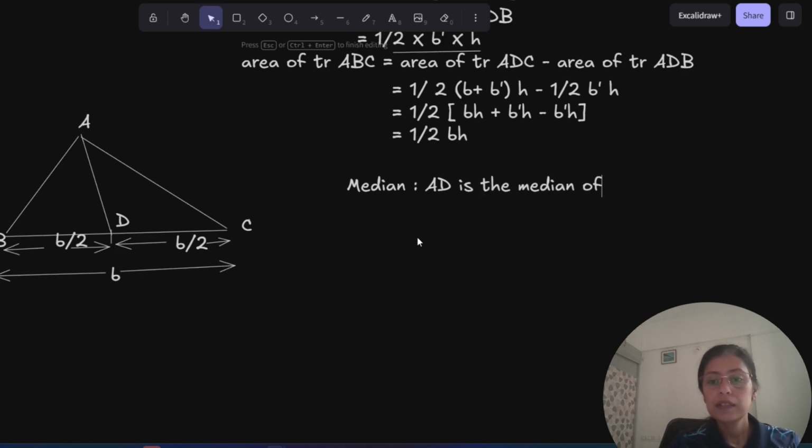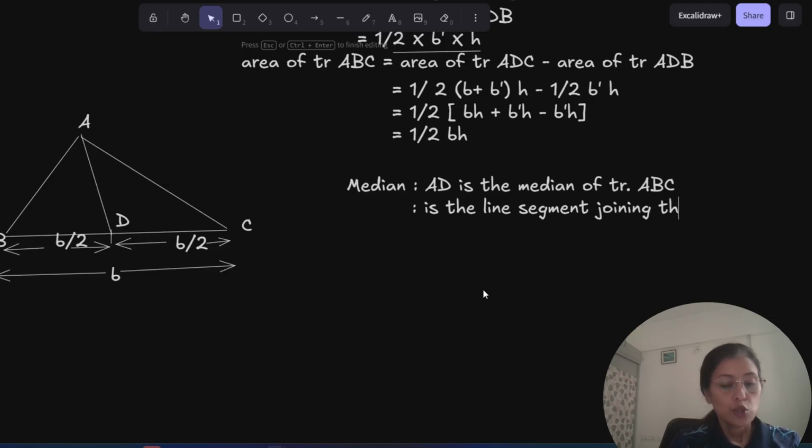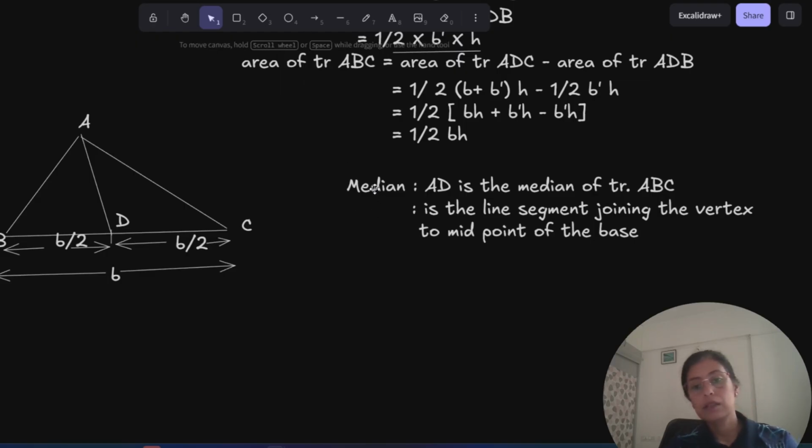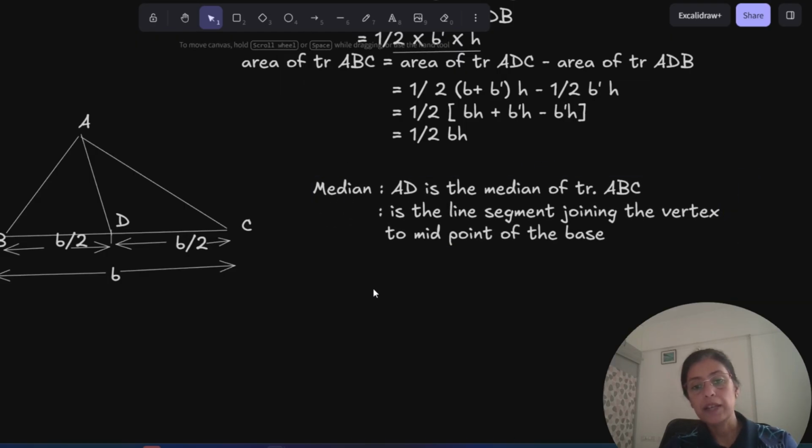AD is the median of triangle ABC. I hope you have learned what is a median, but I will just repeat it once more. So median is the line segment joining the vertex to the midpoint of the base. So that is actually a median.